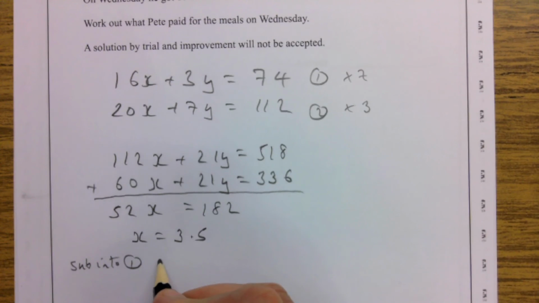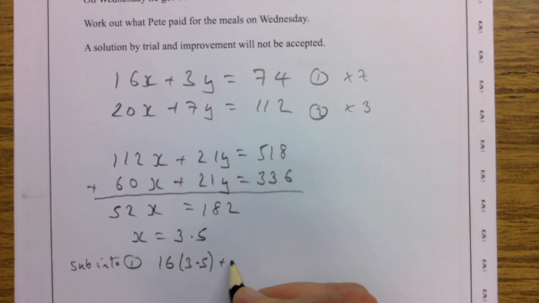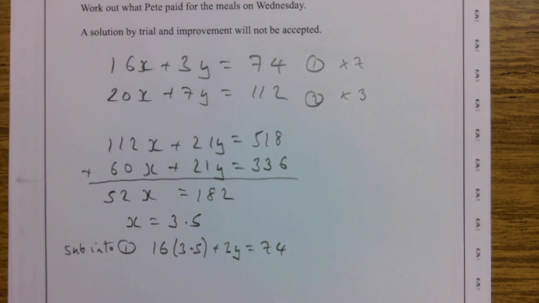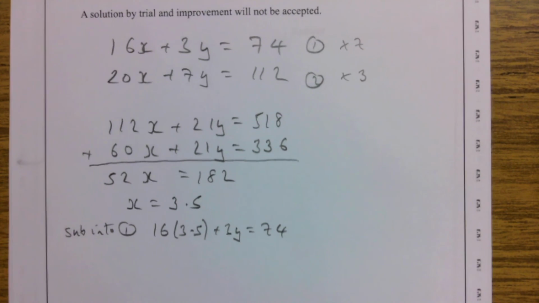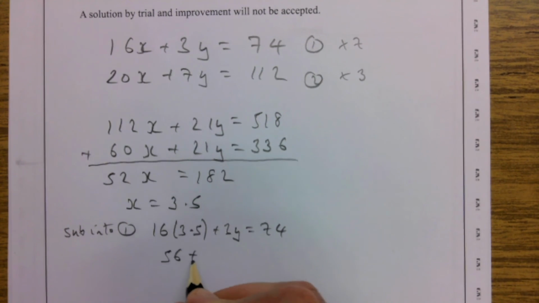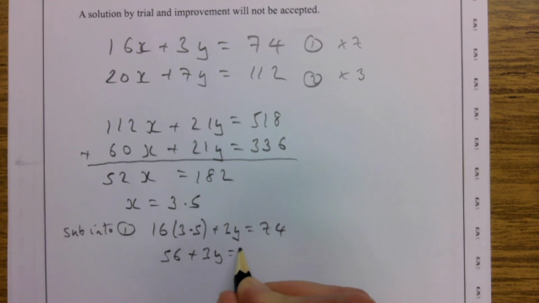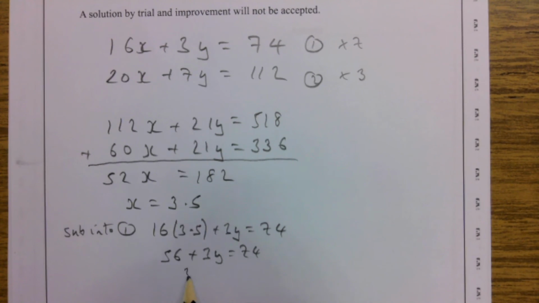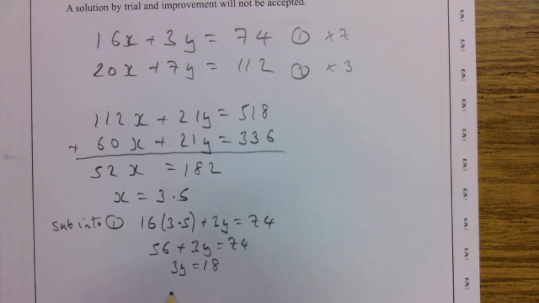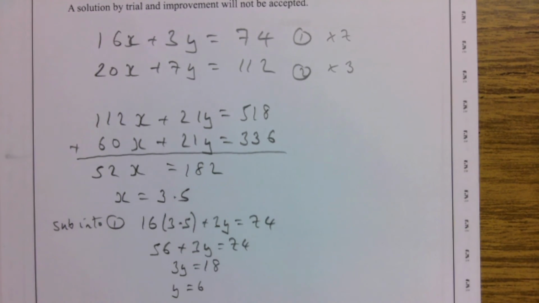So it's going to be 16 times 3.5 plus 3y is 74. 16 times 3.5 is, I think, 56, so 56 plus 3y is 74. And you get 3y is 18. I hope that's okay, taking away 56 from both sides, and you get y is 6.